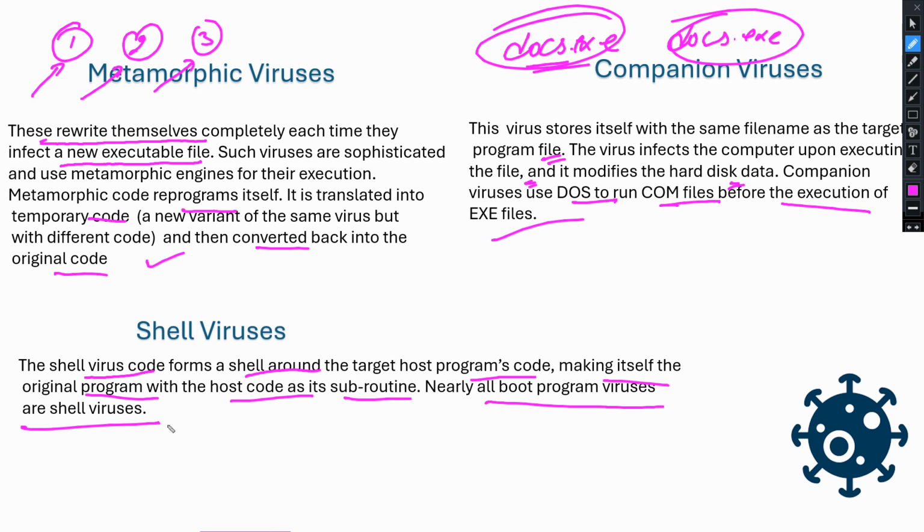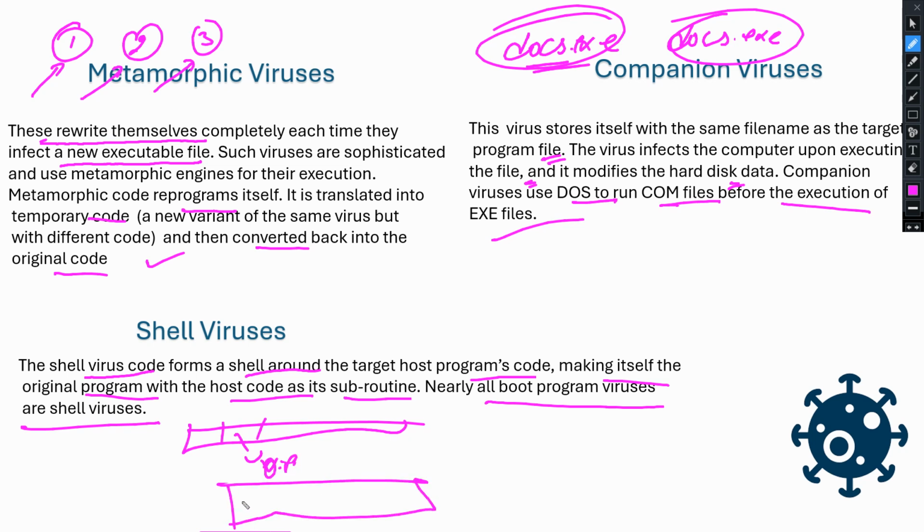Let me explain a little more. Before infection, it would be like this: this is the original program. After infection, this is your original program and this is your virus.